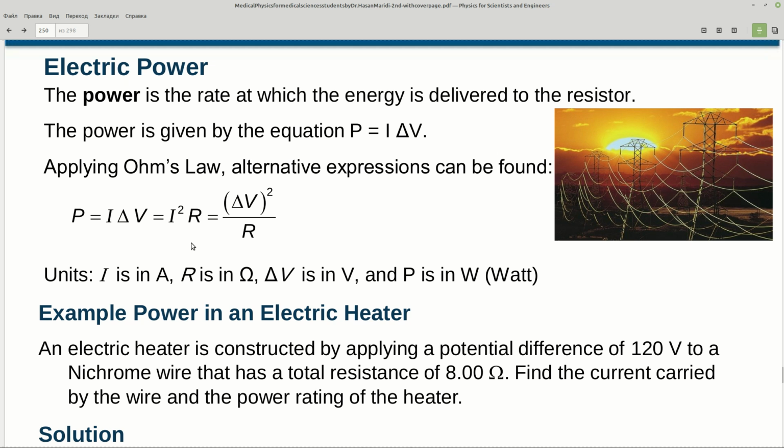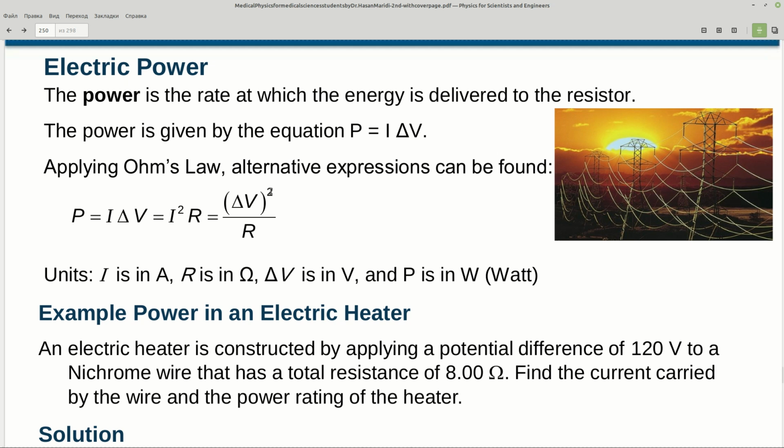So we are applying here a potential difference of 120 volts to the nichrome wire that has a total resistance of 8 ohms. It's a big resistance actually, and it begins heating by the electric current acting on it.